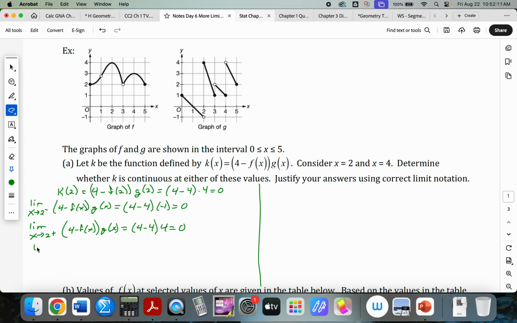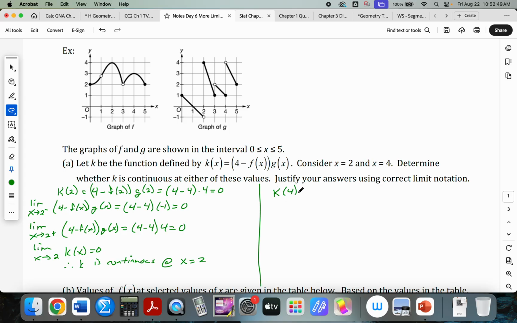So that means that the limit as x approaches 2 of k of x is also equal to 0. Therefore, k is continuous at x is equal to 2. Everybody good with that?